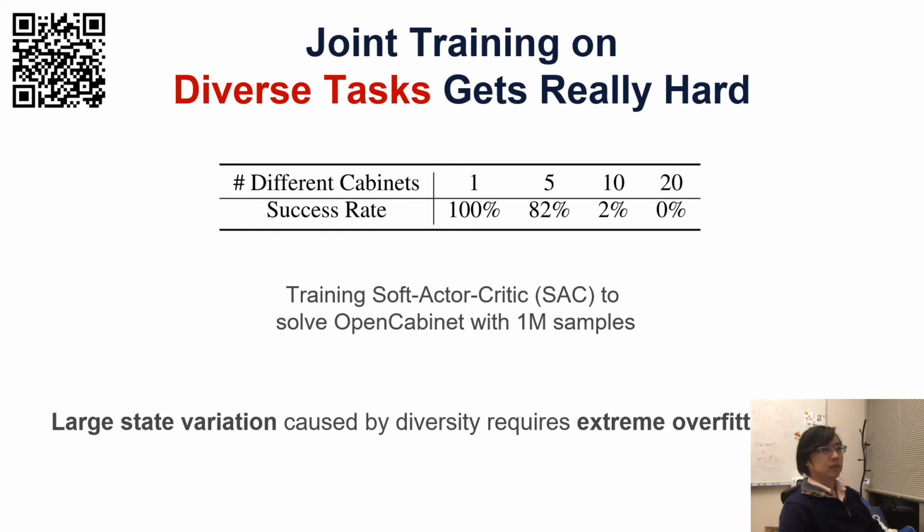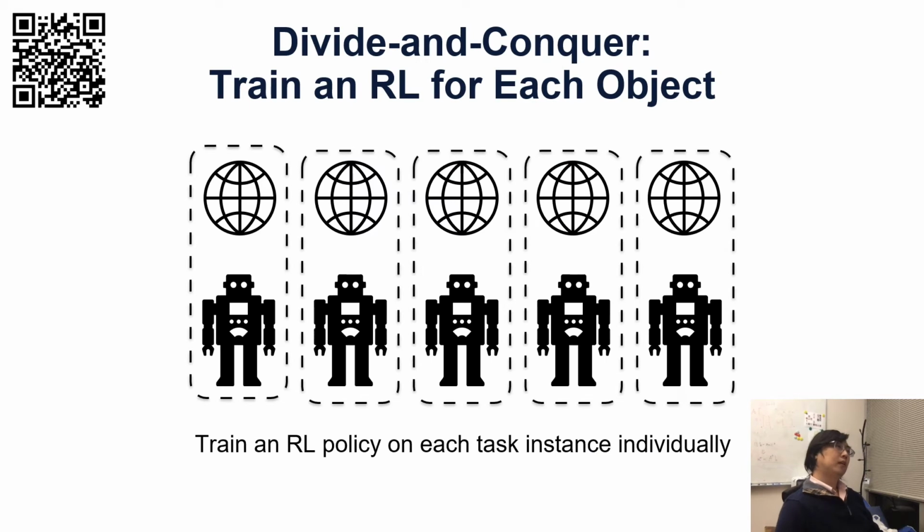This is because the large state variation caused by the diversity of the objects in our environment requires extreme overfitting ability of the network. Therefore, instead of training a single RL policy for all environments, we take the divide and conquer approach and solve each task independently. In this way, we have obtained the policy for each environment.